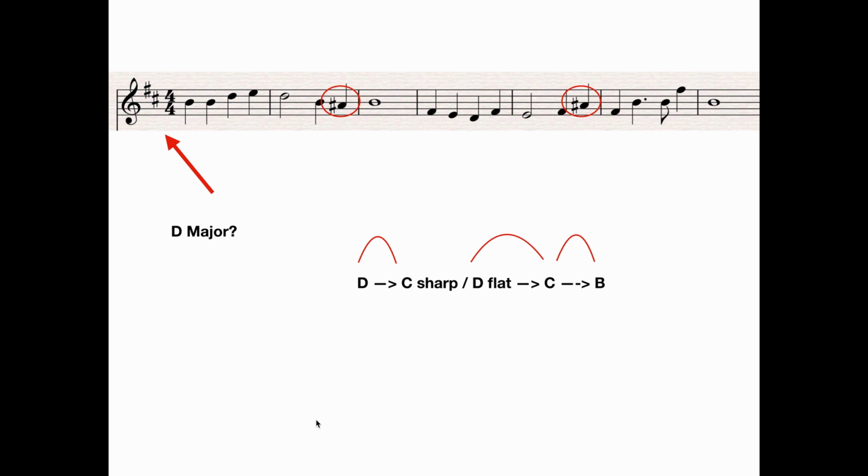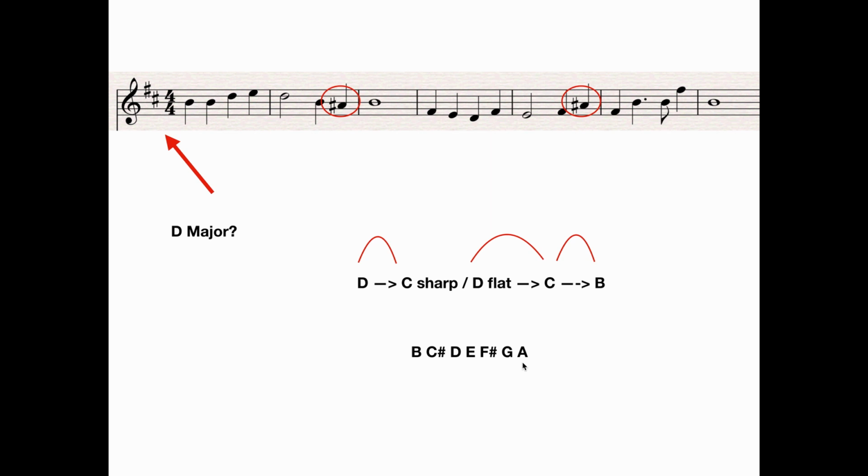Step 1, we can write out the natural minor of B minor, which is simply B ascending in letter names with the same sharps or flats as its relative major, D major, F sharp and C sharp, as you can see here. We know that in composition, the harmonic and melodic minors are often used.